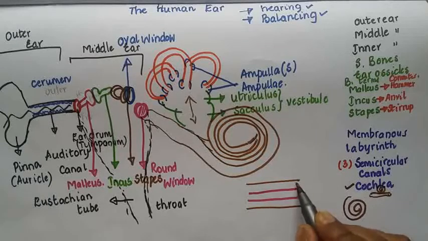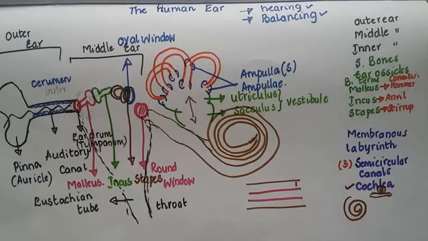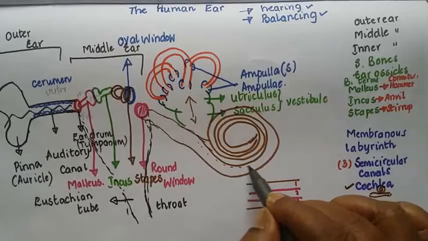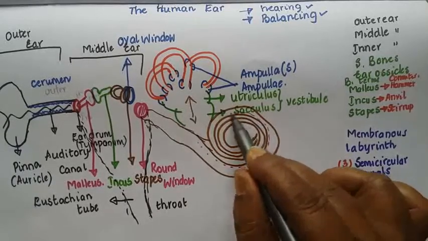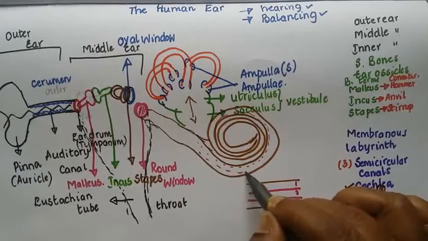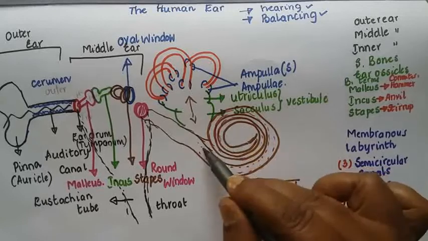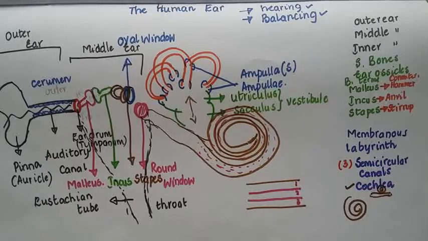We can number it as 1, this is the second one, followed by the third one. So internally the cochlea has 3 parallelly arranged canals which are separated by the membranes.